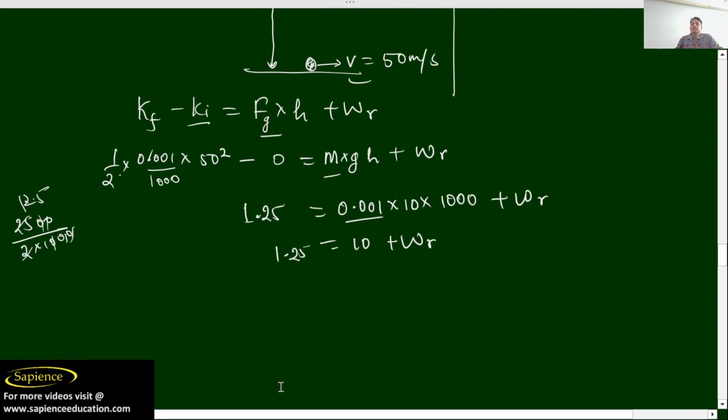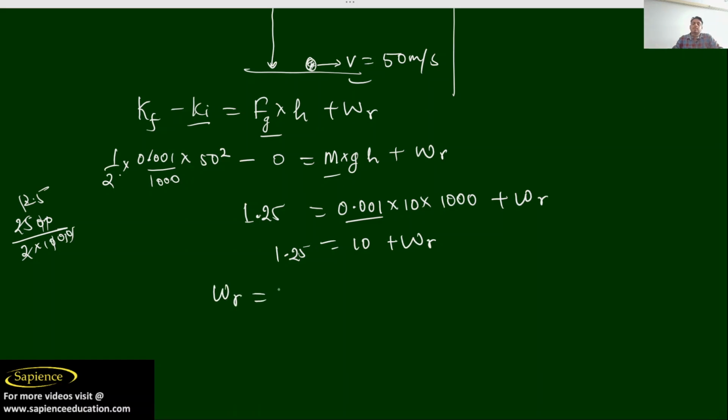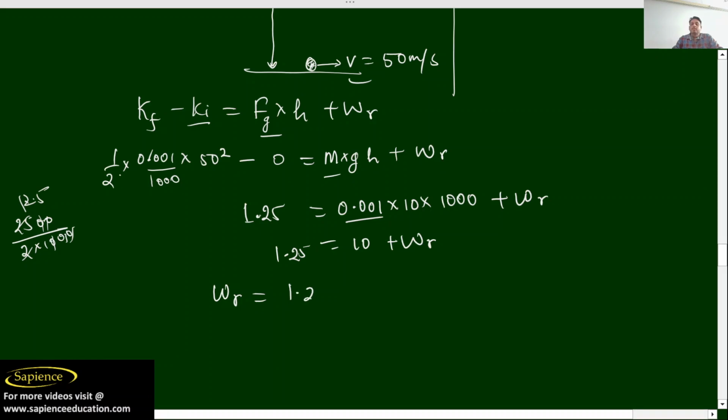So finally, you will get the work done by the resistive force due to air friction equal to 1.25 minus 10, so this will be minus 8.75.